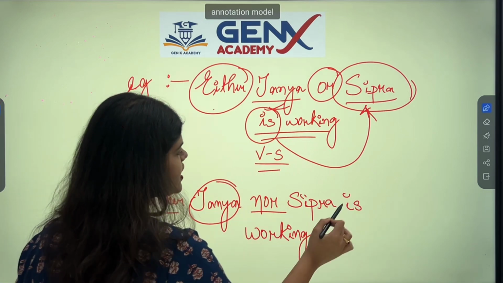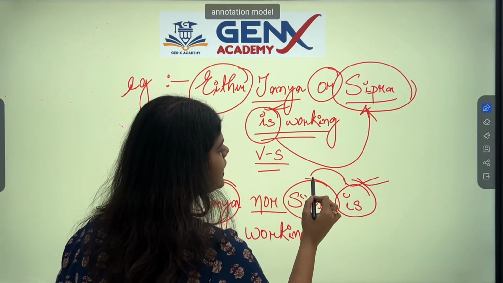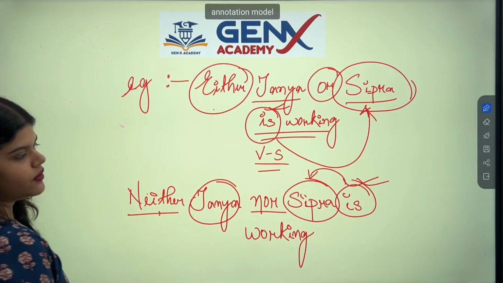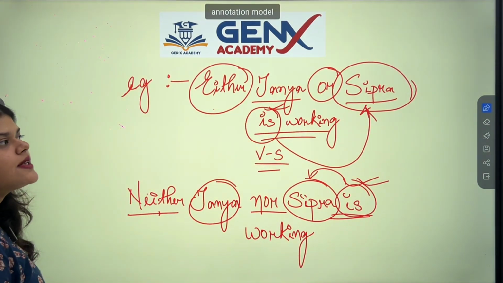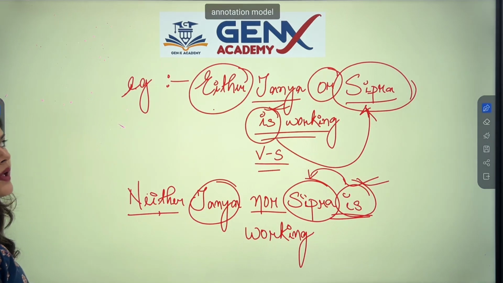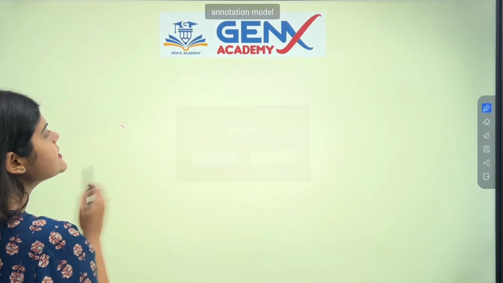There are two subjects and the verb stays singular because it follows only the second subject. So I hope you understand this now. You can note this down for your understanding. So let's move on to the next exception.